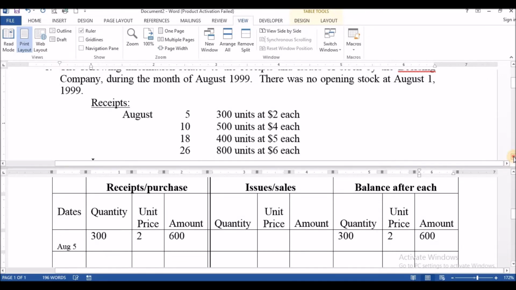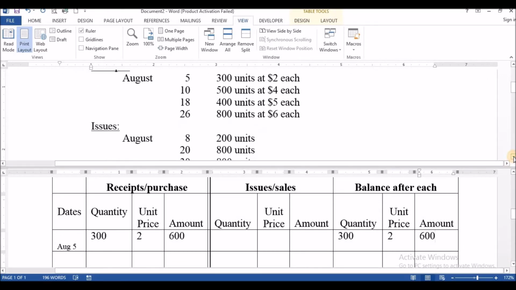Now let's look at the issue if there's any date. So we have the 8th here, so we're going to record that. Alright, so on the 8th we sold 200 units from the 300.